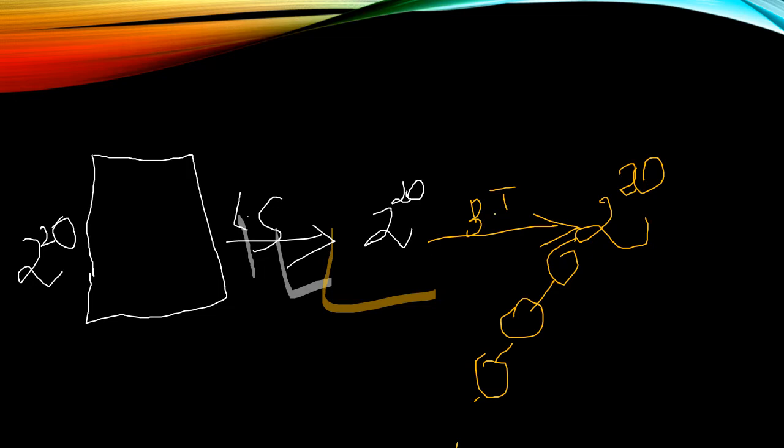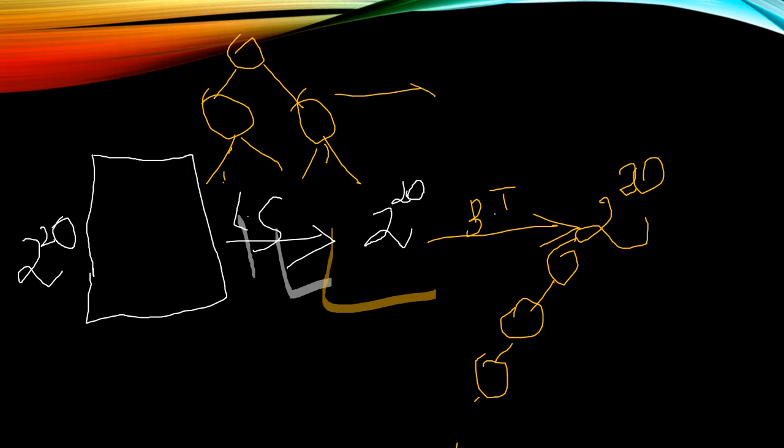Now friends, if we use a binary search tree, what will happen? There are two nodes per element, and 2 to the power 20 elements. We know that the time complexity of a binary search tree is order of log n, so the complexity will be order of log of 2 to the power 20, which is much less.